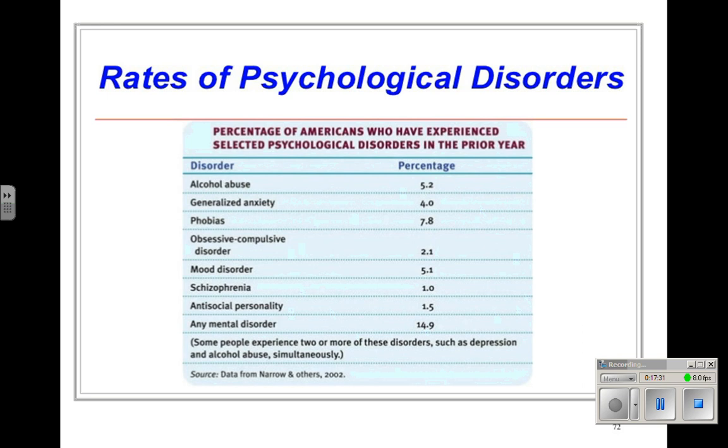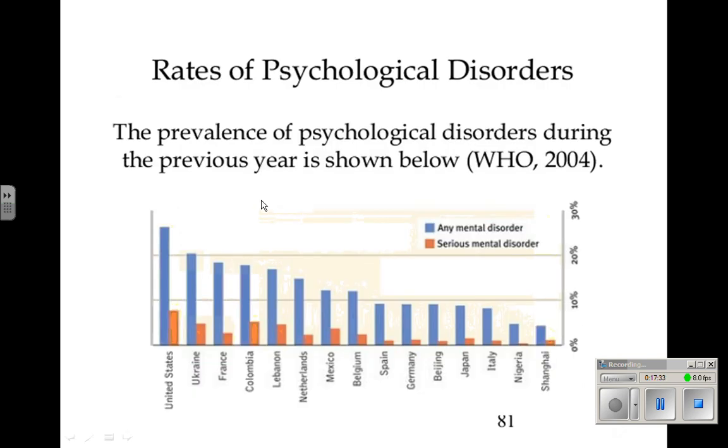So you can see the most prominent disorders within America by percentage. And then the prevalence of psychological disorders during the previous year. This is from 2004, comparing us to other countries. So the United States here, any mental disorder at all, and then serious mental disorder. And you see, we are definitely at the top end of all that.